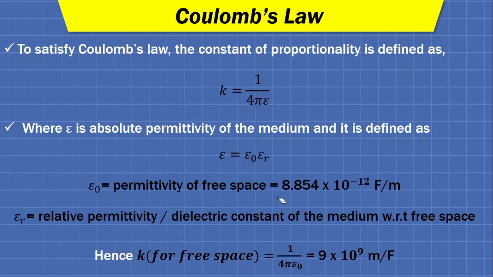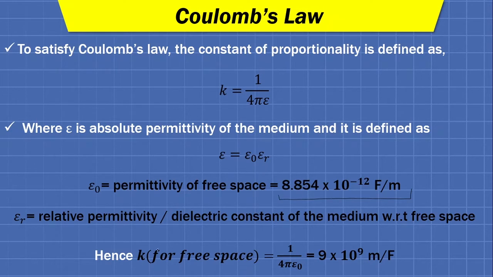It is a very well known value and it must be remembered at the time of the exam. And epsilon r is called the relative permittivity or dielectric constant of that medium with respect to free space.